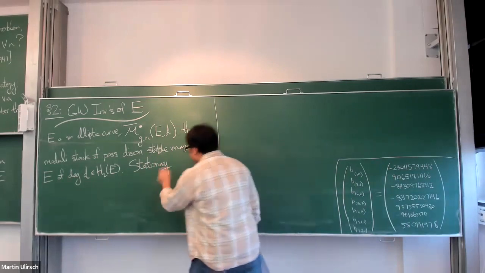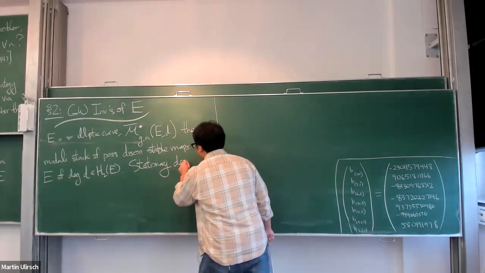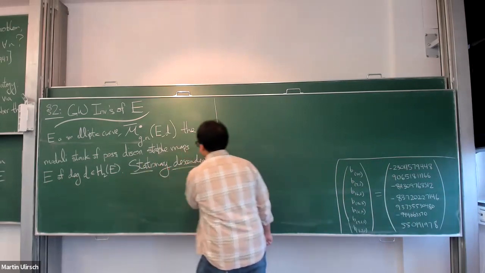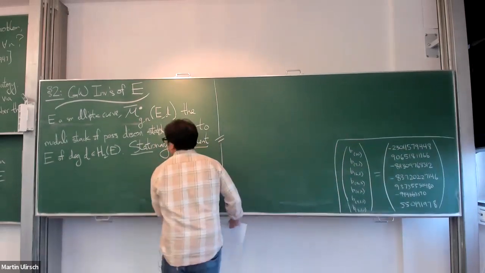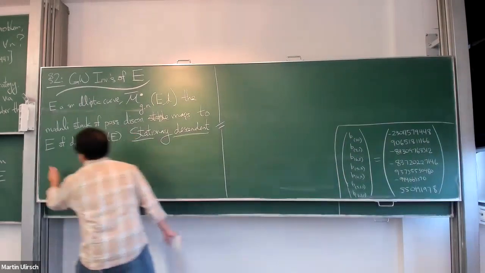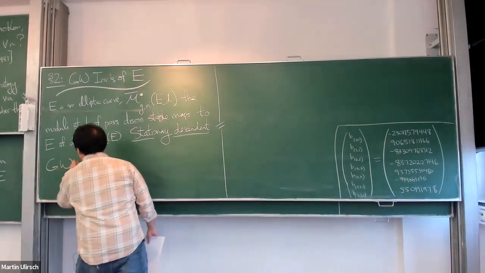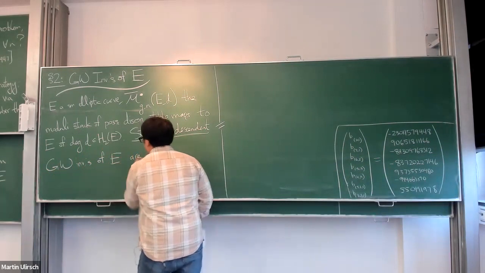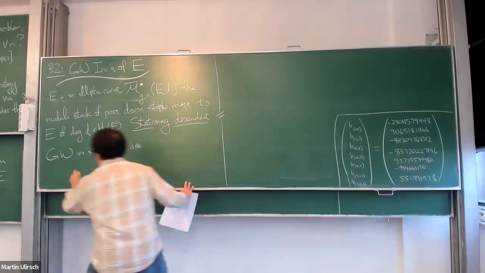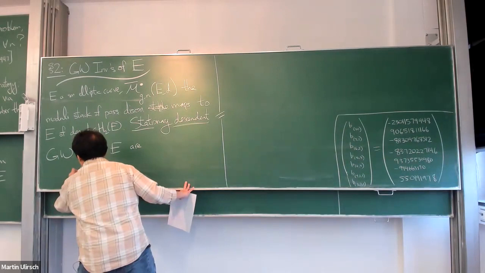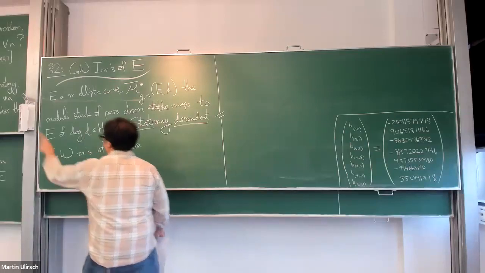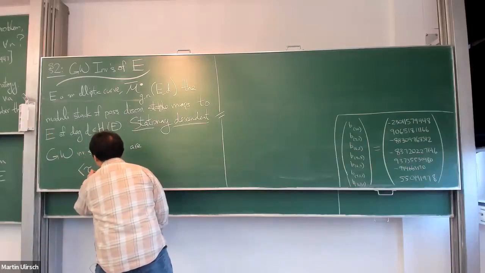Okay, so the stationary descendant Gromov-Witten invariants of E are the intersection numbers. We'll use the classic Witten notation here. So that's tau K1, different tau than that tau. Okay, it's just a silly coincidence.